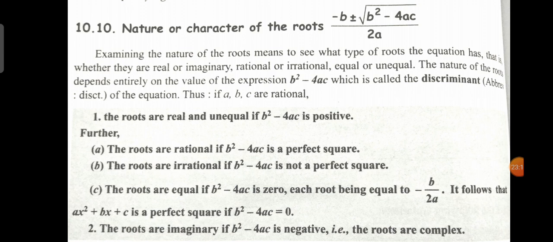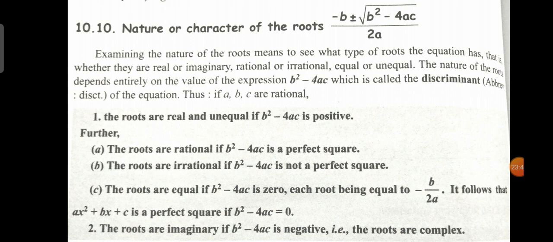Whether the roots are real, imaginary, rational, irrational, equal or unequal, all of that is determined by the discriminant. It entirely depends on the expression b square minus 4ac, which is called the discriminant of the equation.